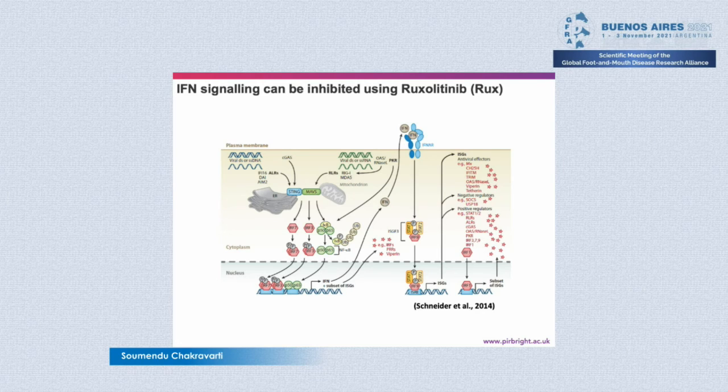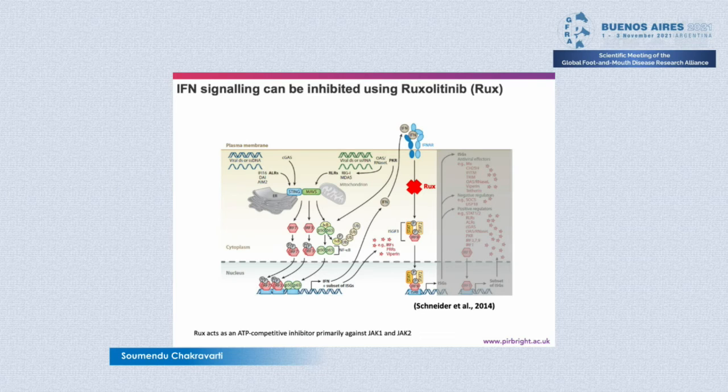The interferon produced acts in an autocrine or paracrine manner in the neighboring cells through the JAK-STAT kinase pathway to release hundreds of interferon-stimulated genes, or ISGs. Some of these ISGs have antiviral functions. The drug ruxolitinib, or Rux simply, blocks the JAK-STAT kinase signaling pathway to stop the production of the ISGs.